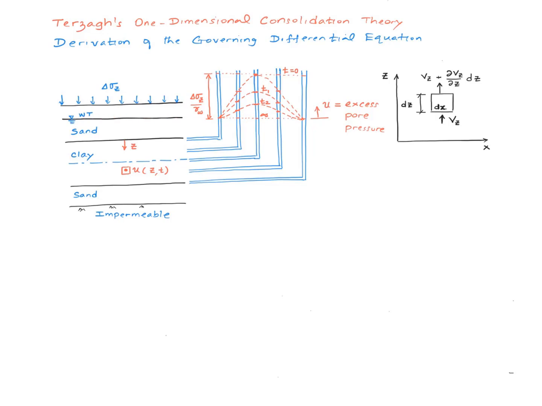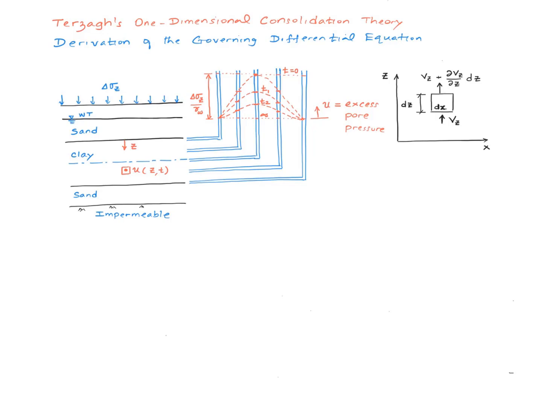So we'll refer to this change in pore water pressure as the excess pore water pressure. So the excess pore water pressure is both a function of time and depth. So we'll just measure the vertical coordinate from the top of the clay layer here, and we will call the excess pore water pressure u as a function of z and t.